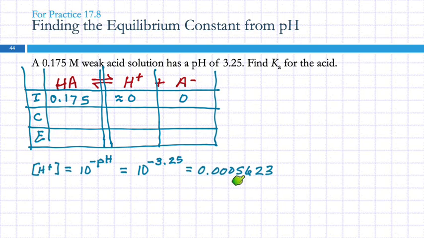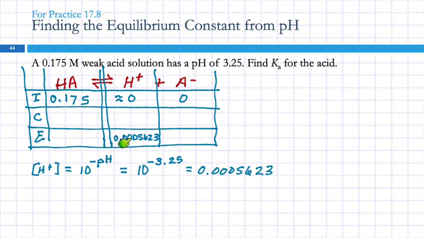So this is the equilibrium concentration of the hydrogen ion. We can measure that with a pH probe. So here we know that this is 0.0005623. By comparing the initial and the equilibrium value here, we can figure out how that changed.